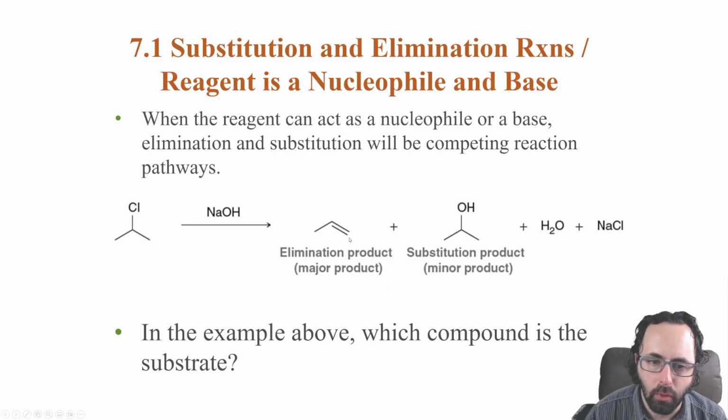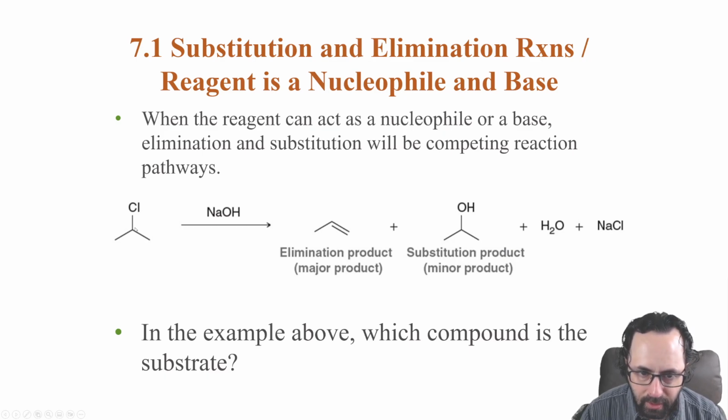So sometimes, for example, if we react this secondary 2-chloropropane with a strong base, strong nucleophile like hydroxide ion, we can get both elimination and substitution. And so as we move forward in this chapter and review it, we'll talk about the conditions under which we might have more of the elimination occurring relative to substitution, or the other way around, and which type of elimination and substitution will occur.